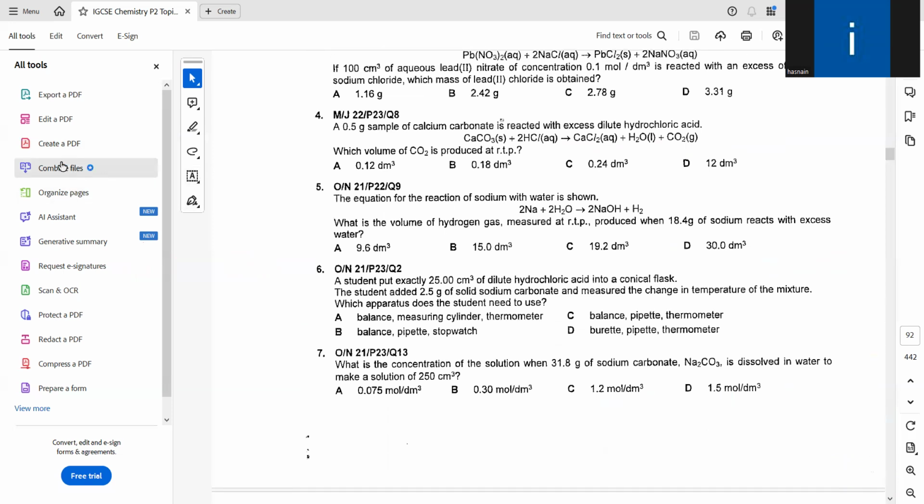So let's try this question and this question. So calcium carbonate is 100. I'm just giving you Mrs. Carbon dioxide is 44, and here we have sodium 23, water 18.